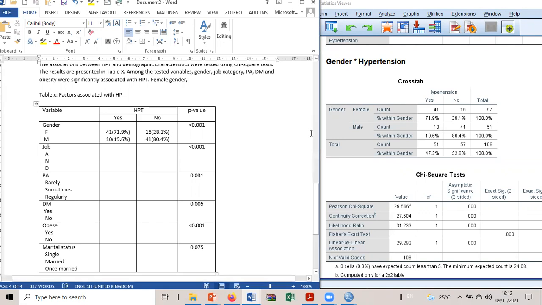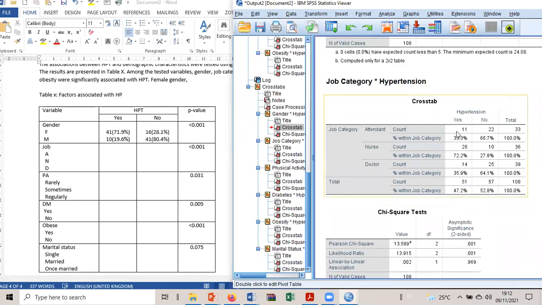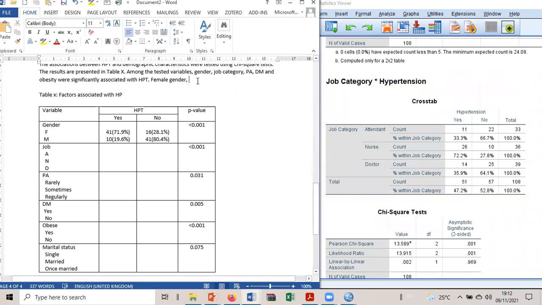Female gender. Next, occupation. Occupation, whose side? Nurse. Right, female gender, nurses.